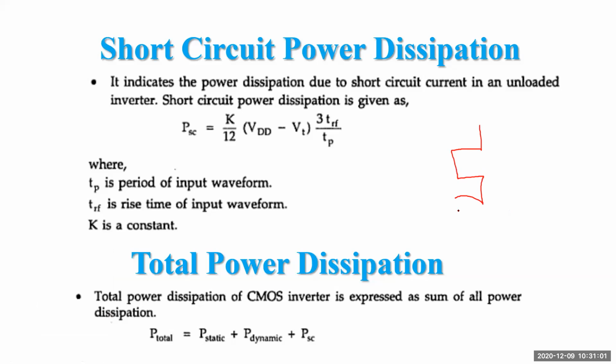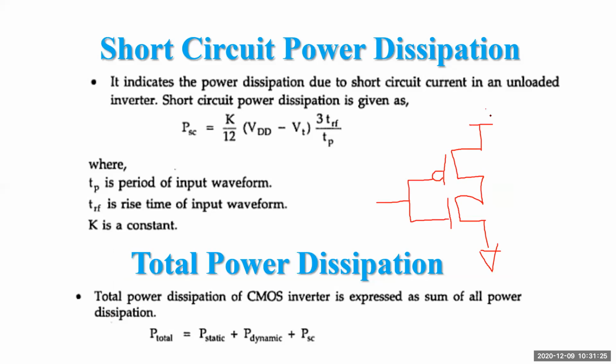See, Henry, in the short circuit power dissipation, these are my two transistors which are connected like this. One is a PMOS and the other one is an NMOS. This is my inverter; we are talking about this concept with respect to an inverter.